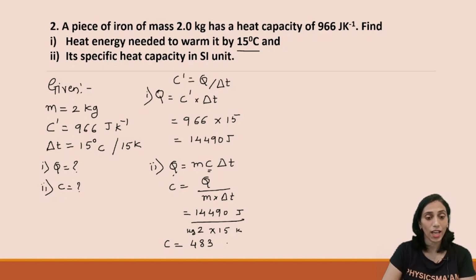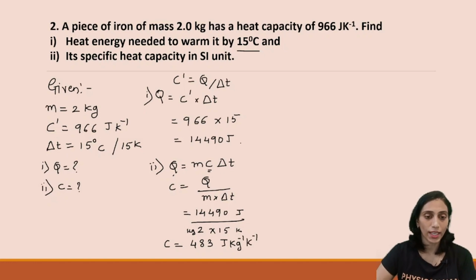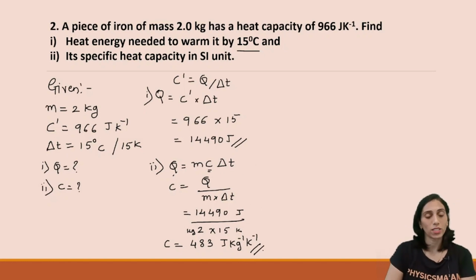So I write this as joule per kg per Kelvin, right? So this is my second answer. So first answer is the heat energy, and the second is the specific heat capacity. Is that clear? Okay, so can we move to the next question? Right.